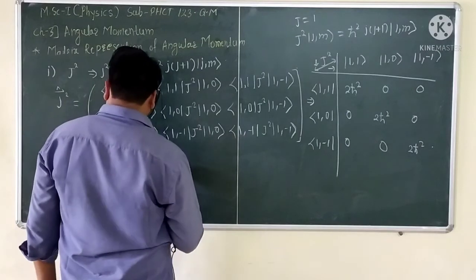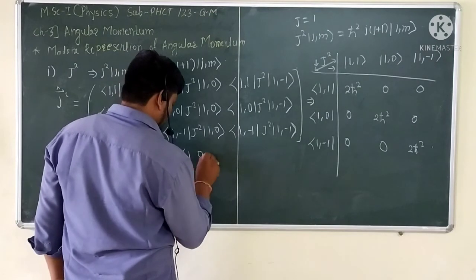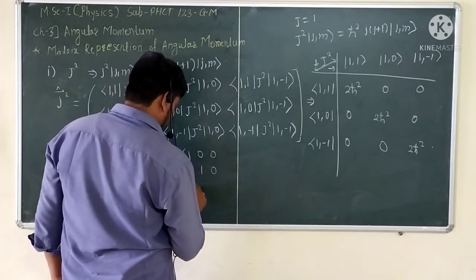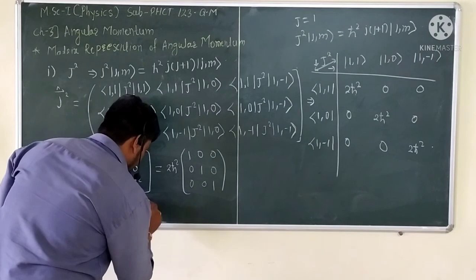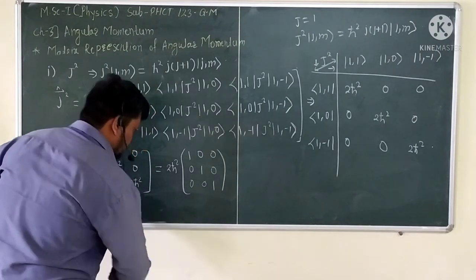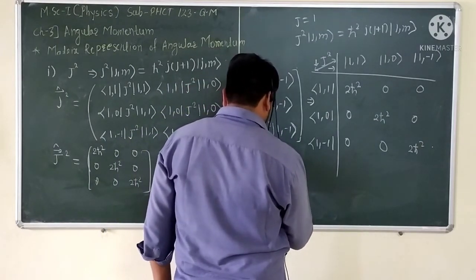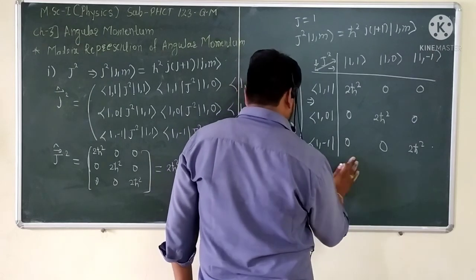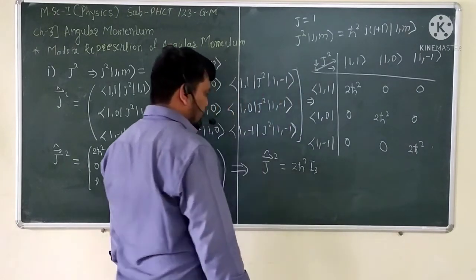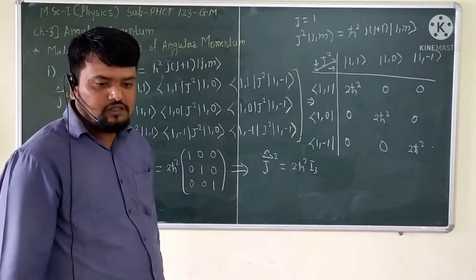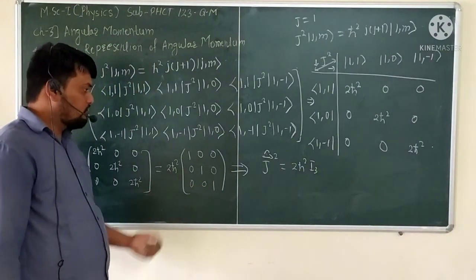If we take 2ħ² outside of this bracket, this is nothing but 1 0 0, 0 1 0, and 0 0 1, so that the final matrix representation of J square is nothing but 2ħ² of I3, where I3 is the unitary matrix.